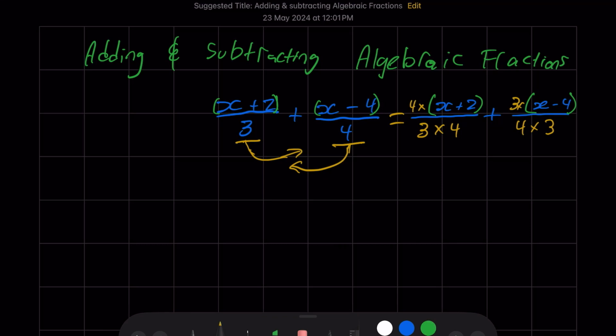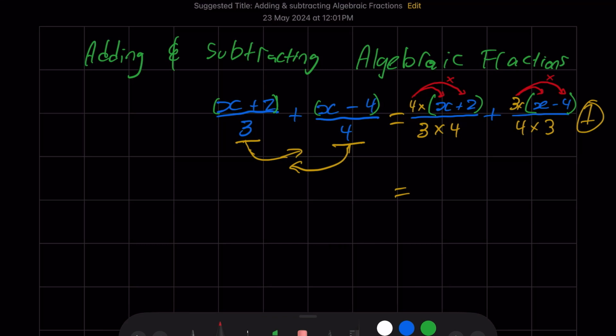We have moved our denominators over to the other side, and now we have got multiplication questions to answer for step number 2. These multiplication questions are slightly more difficult though, because we have got a 4 on the outside here that needs to multiply with both terms on the inside of our brackets. We've got a 3 on the outside here that needs to multiply with both terms on the inside of our brackets. Remember, we are multiplying, we are not adding, we are multiplying.